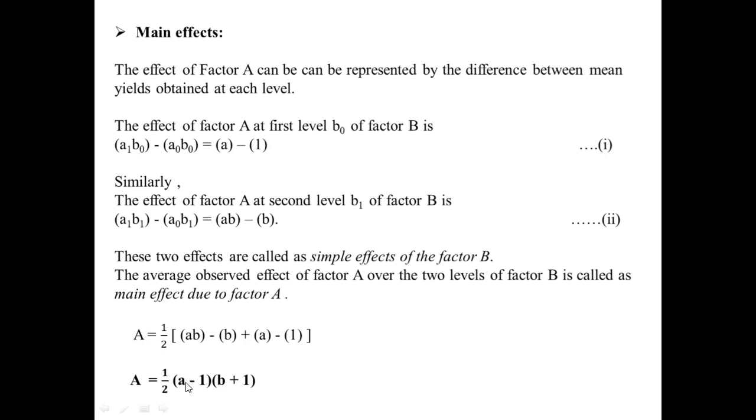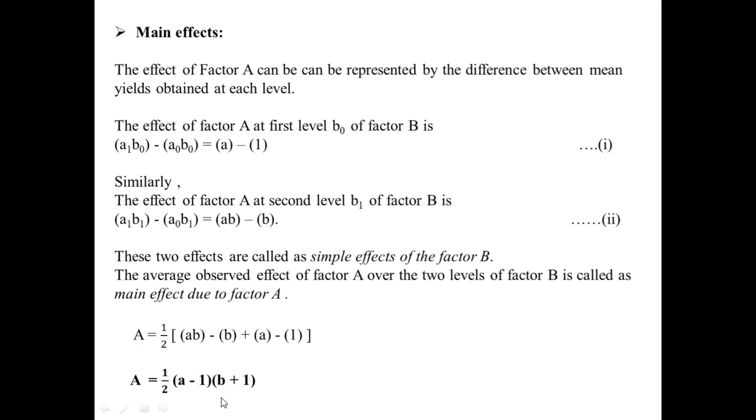If we simplify these two brackets, we get this equation. So the main effect due to factor A is the average of the simple effects of factor A at two levels of factor B. In this way we find the main effect of factor A.